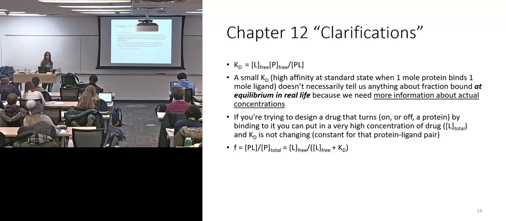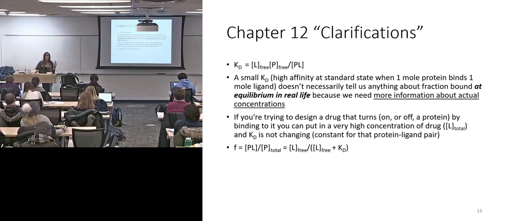Okay, and so there was a problem on homework 8 about I want 91% to be bound at equilibrium. And so there was some confusion, I think, about, okay, but then at equilibrium, shouldn't fractional saturation be 0.5 because the ligand concentration is going to be equal to the KD, and is it always 0.5?